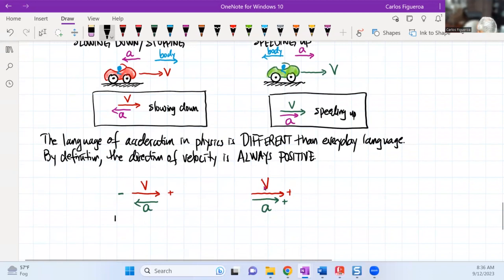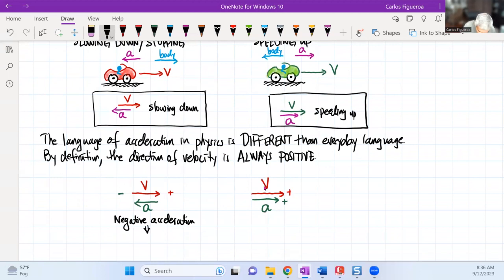We call this negative acceleration. And as soon as you say negative acceleration, it tells you that you're slowing down. We call that acceleration, but in everyday language, what do they call it? They call it deceleration or slowing down. We don't do that in physics. Because the acceleration is in the same direction as the velocity, we call that positive acceleration.